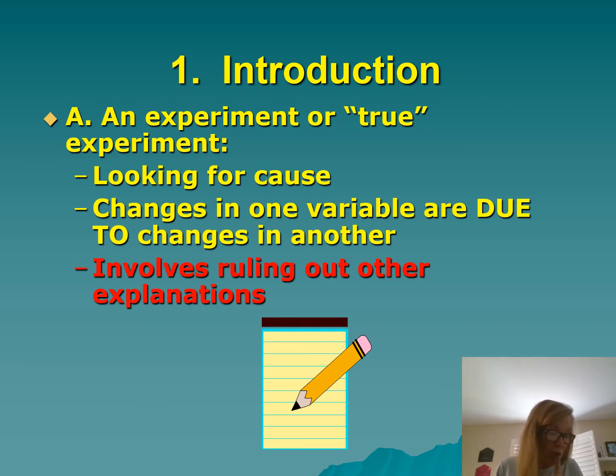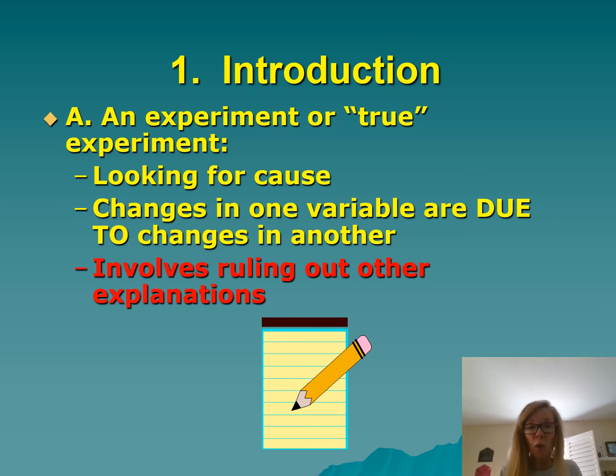To achieve this, you manipulate one variable, the string, and observe the effects on the other, the movement of the puppet. You necessarily have to rule out other explanations. If I'm proposing that pulling this string is moving the puppet's leg, I have to rule out other explanations for why that puppet's leg might be moving. It seems like a ridiculous analogy, but you want to make sure that there's not a draft blowing the puppet's leg around.